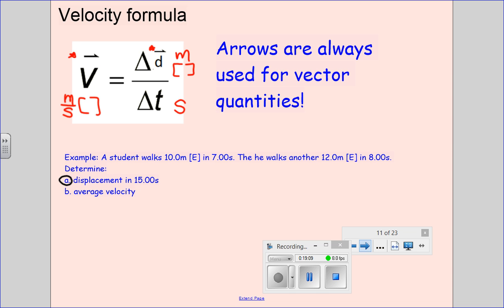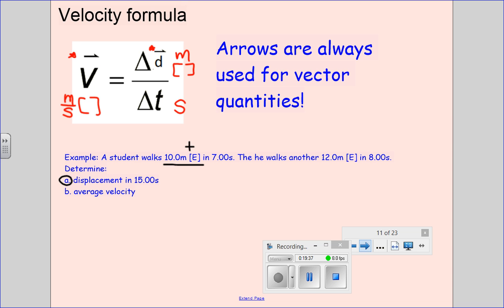So in questions where we were talking just about distance, usually we just told you what the distance was, or it was an easy little calculation, final minus initial. For displacement, you really have to recognize the direction to know if you should add the values together or if you should subtract them. So when I look at this question, it says that a student walks 10.0 meters east.